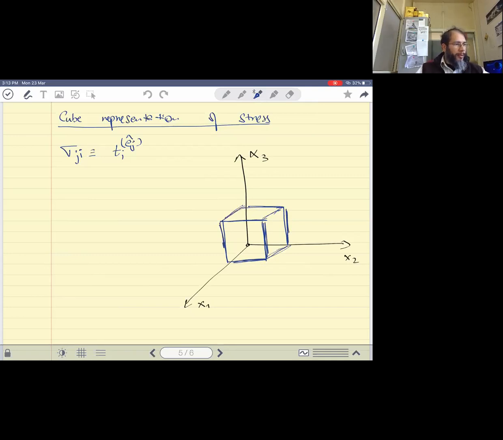Okay, so remember that the definition of the Cauchy stress tensor is that sigma ji is TiEj.